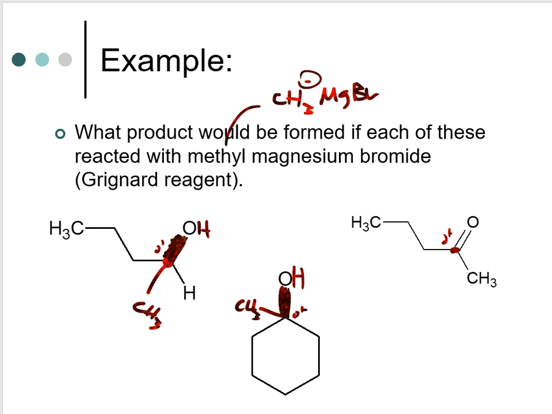This is the carbon that's going to get attacked. That gets a nucleophile of a CH3, and then this double bond changes to a single, and that forms a negative oxygen. If I'm assuming that an acid is present, then I can protonate that oxygen yet again to form another alcohol. Do you see a common theme that's happening here, folks?